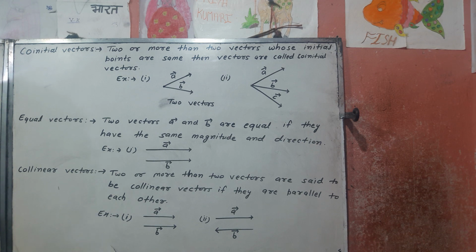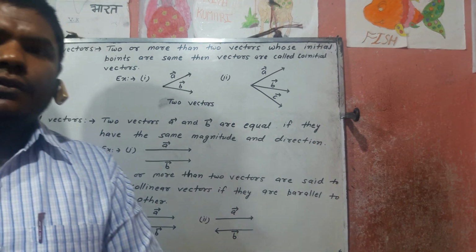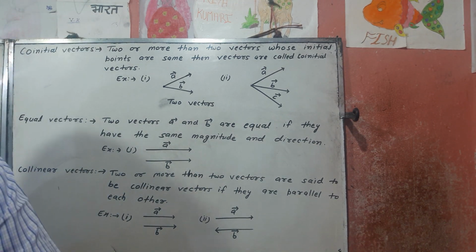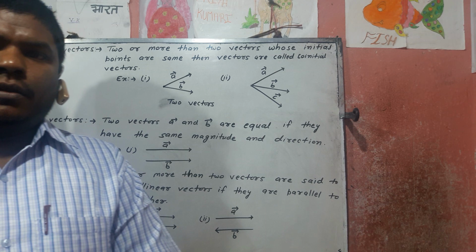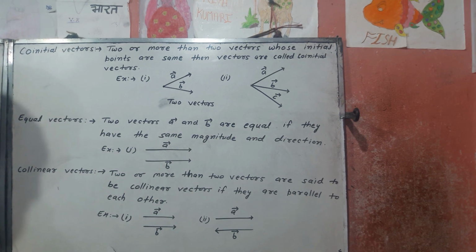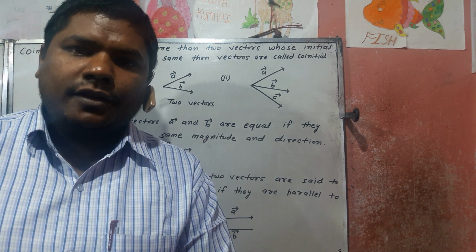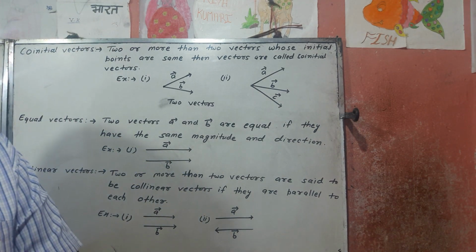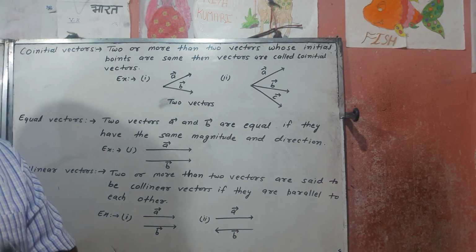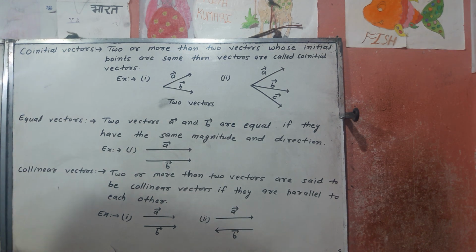If two or more than two vectors are parallel to each other, then two or more than two vectors are said to be collinear.